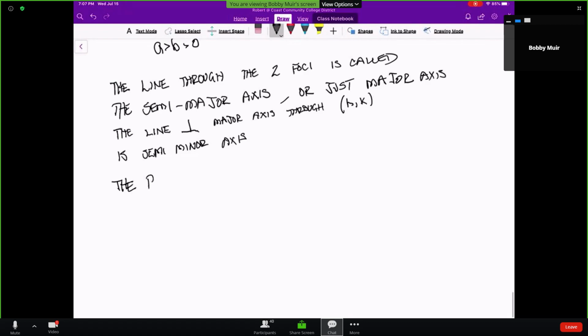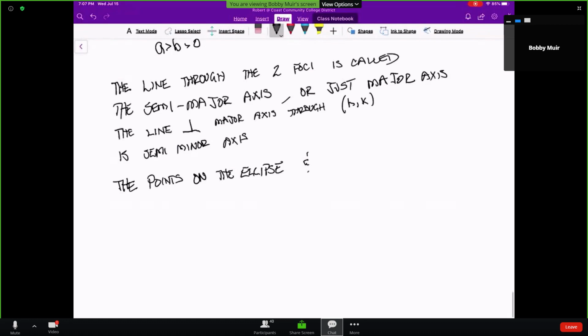The points on the ellipse and on the major axis are called vertices in some books. In this book, I believe he does.